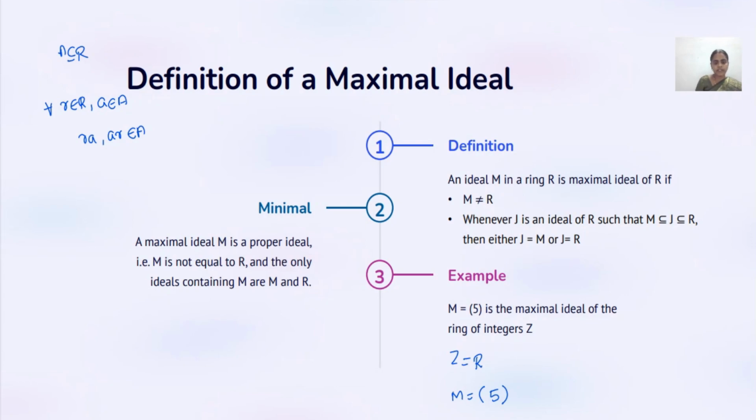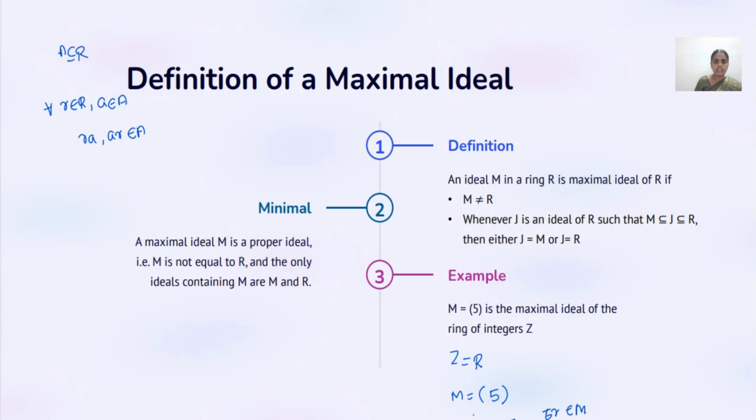Therefore M generated by 5 is also a subgroup under addition. And here if we take any element r belongs to Z, then 5 times r also belongs to M.